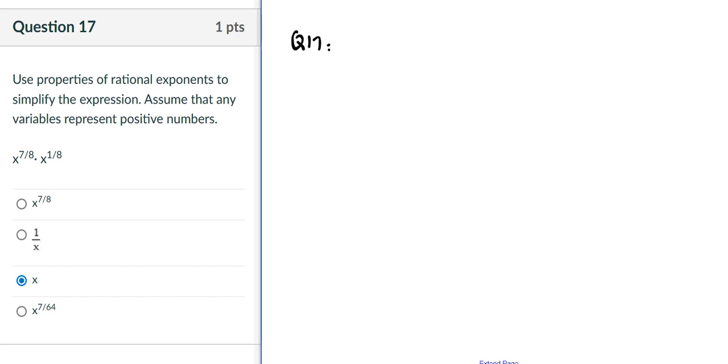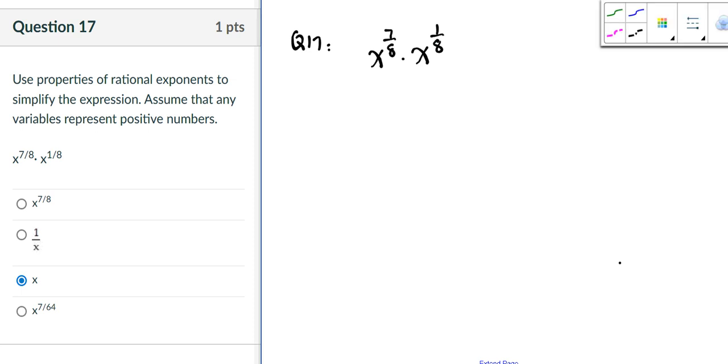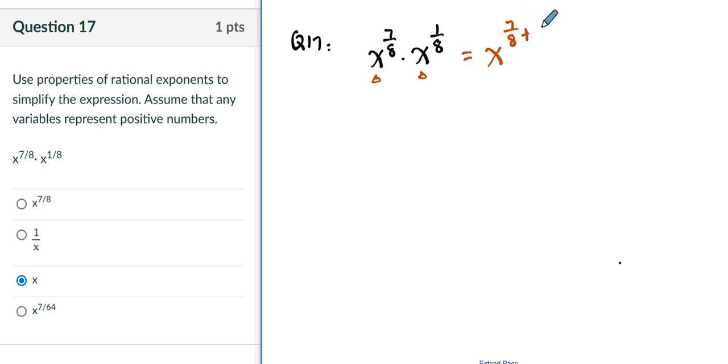Here comes question 17. We have x to the exponent 7/8 times x to the exponent 1/8. Since the bases are the same, x and x, we simply need to add the exponents.